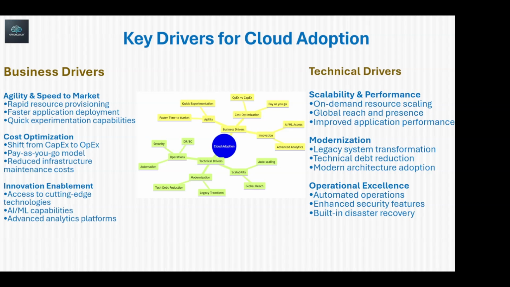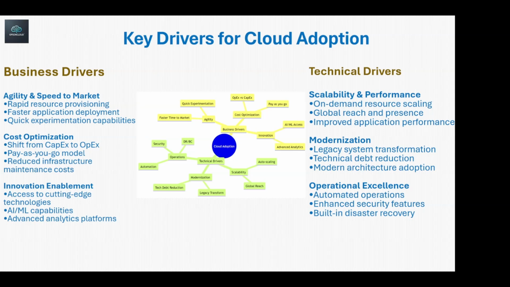The cloud adaptation should provide quick experimentation capabilities. The other driver would be cost optimization, right? Shift from capital expenditure to operational expenditure, pay as you go model, reduce infrastructure maintenance costs.